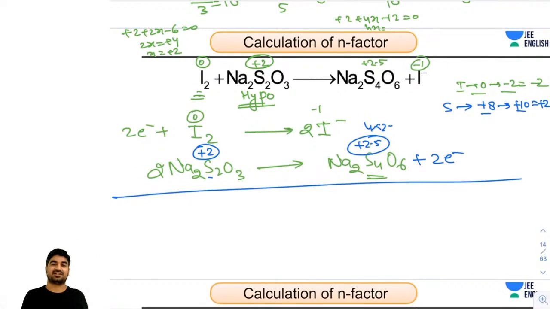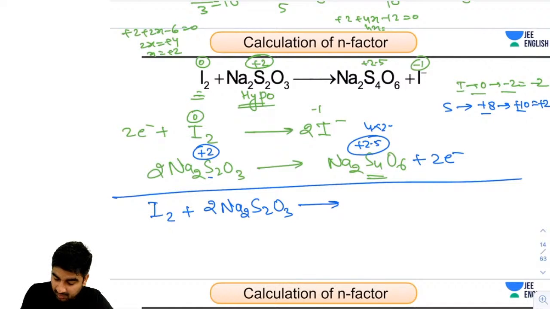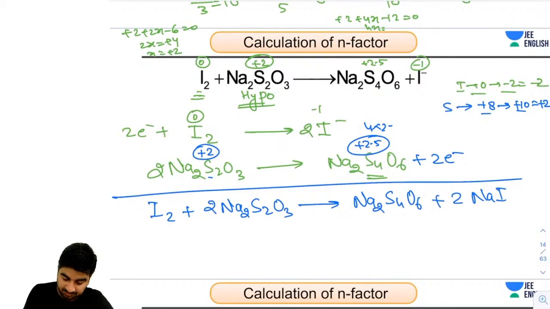Now you can balance it, guys, and you will be getting I2 plus 2Na2S2O3 will give you Na2S4O6 plus 2NaI. Yes, guys. Now everything is balanced. And once everything is balanced, now what can you do?